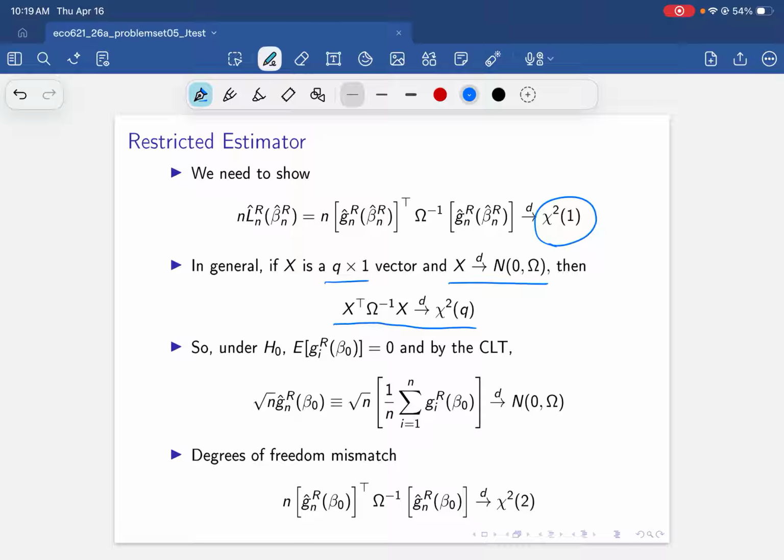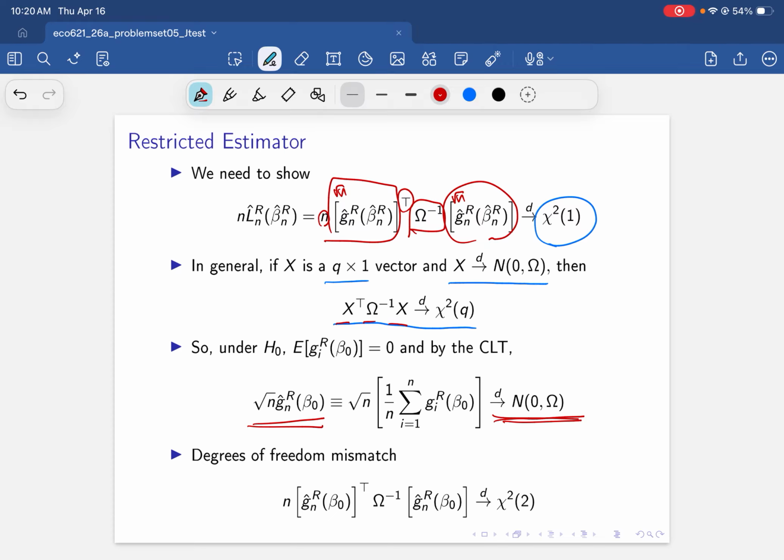We have a pretty similar form. Split n into square root n here and square root n here, then something transpose omega inverse something, exactly the same form. Additionally, the sample moment converges to a normal distribution.